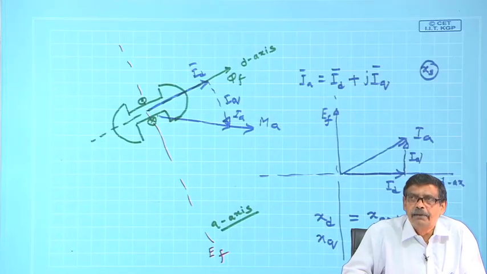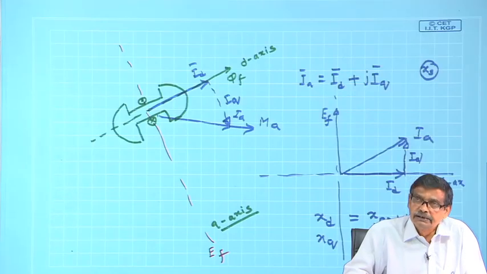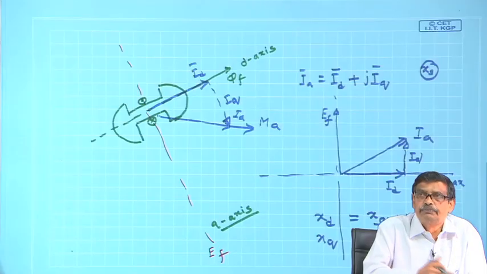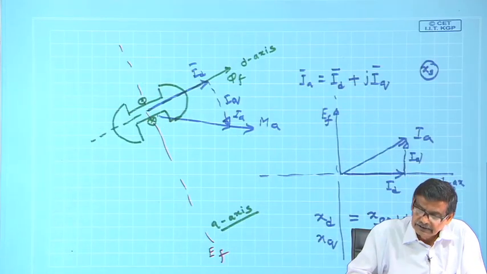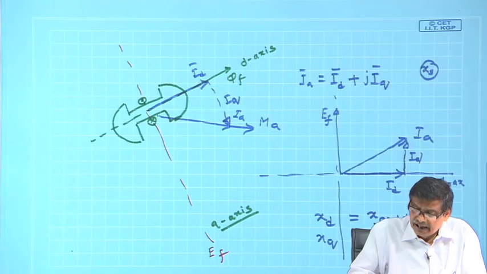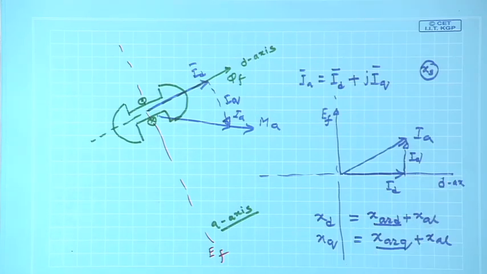The crux of the matter is the air gap is varying, reluctance is position dependent. I must calculate the armature flux to add to the no load flux phi f to get the resultant flux, hence the resultant induced voltage. But this is difficult to carry out, as reluctance in different positions will be different.